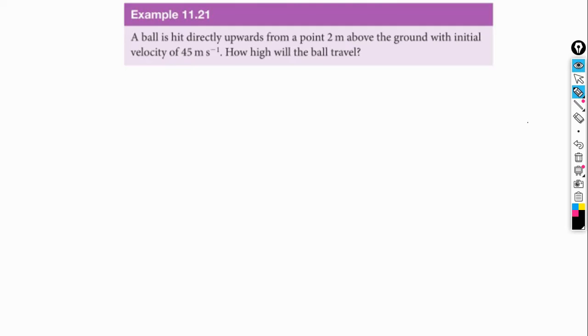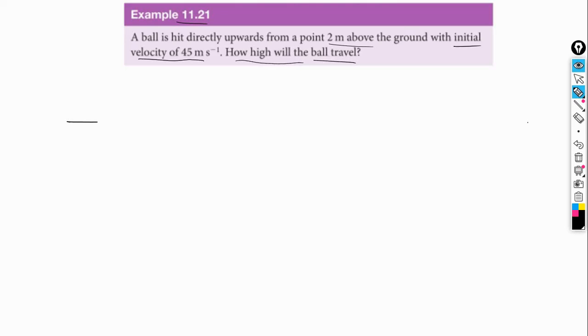Okay, so now we are going to do example 11.21, which will be the last one on this video. It says, a ball is hit directly upwards from a point 2 meters above the ground with initial velocity of 45 meters per second. How high will the ball travel?